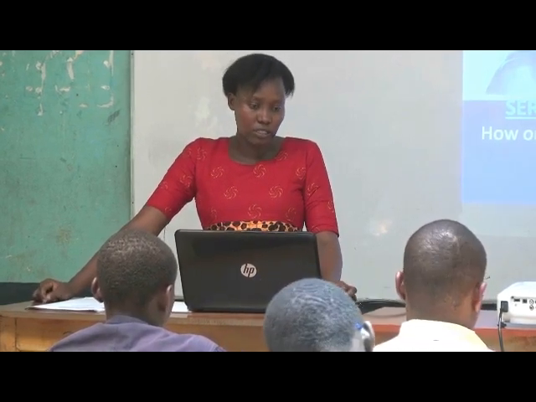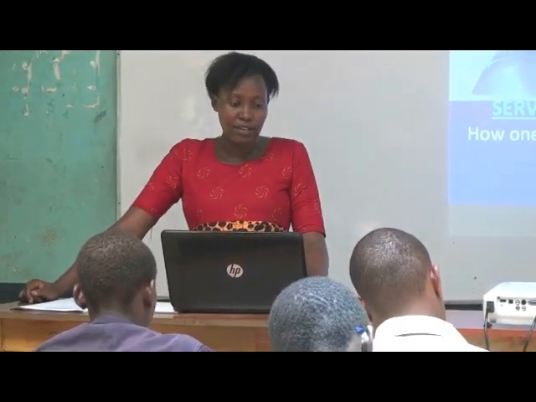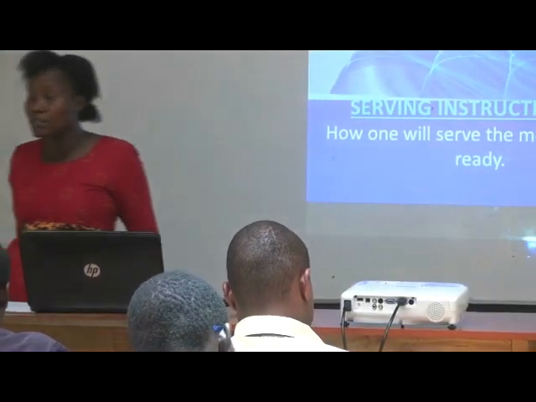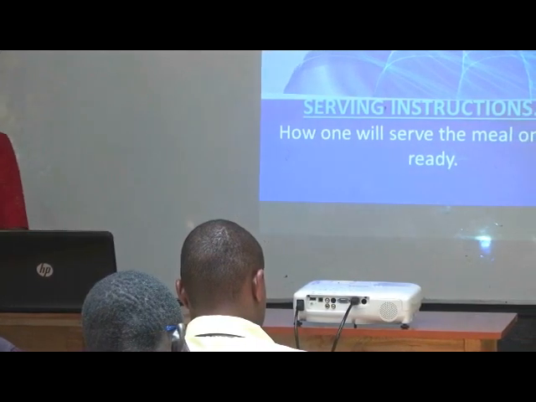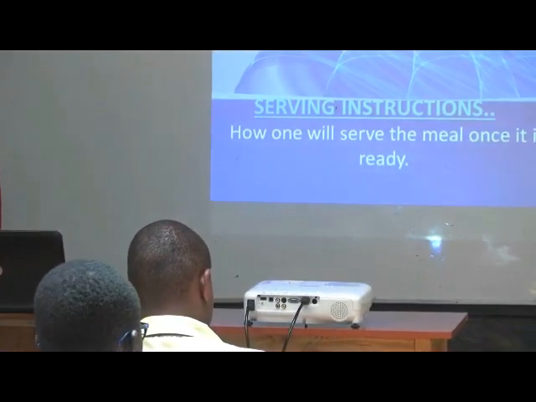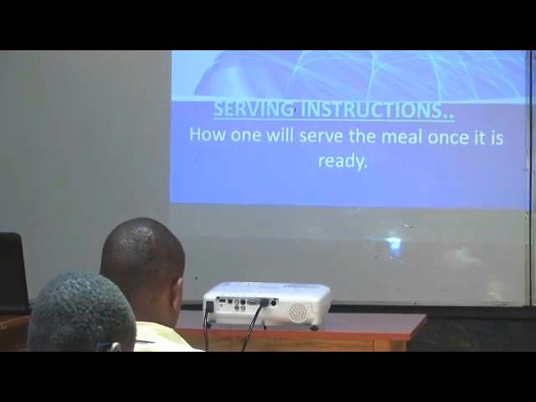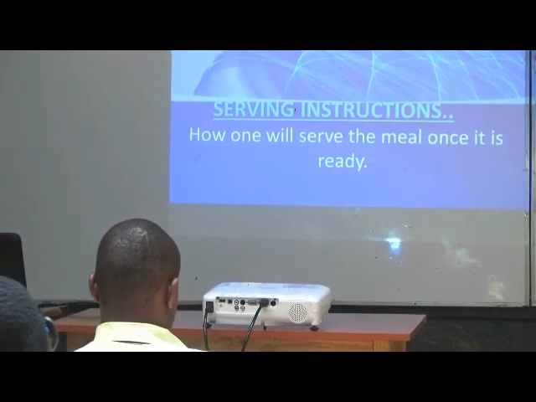And lastly, we have the serving instructions. This is how one will serve the meal once the meal is ready. How will you serve it? Normally, we serve with another food dish.